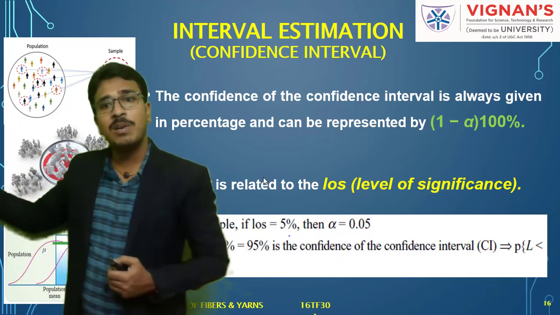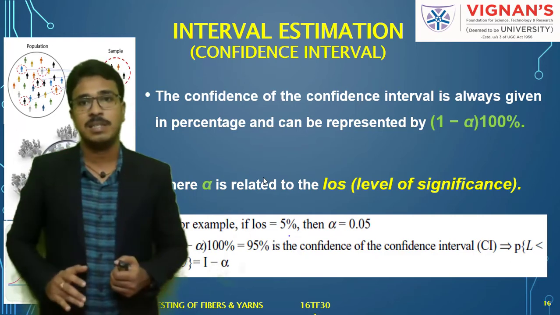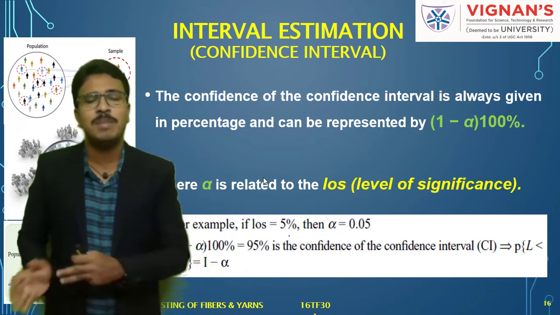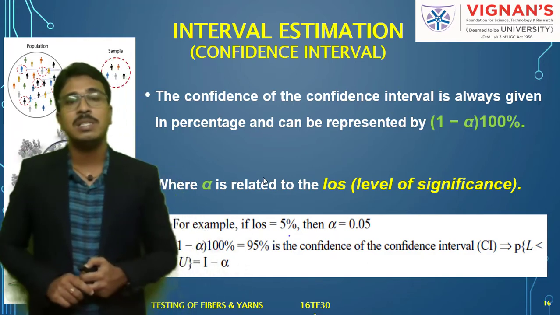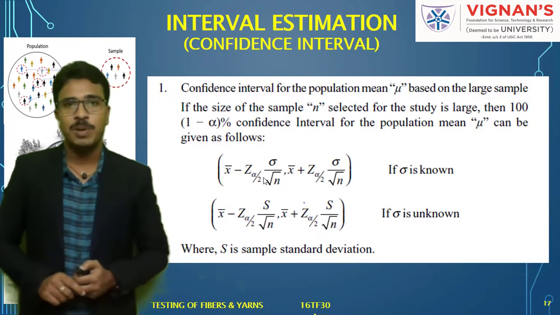Then what is the confidence of the confidence interval? That is 90%. That means 10% might not be covered. Understand? So this is what a confidence interval is. Hope you understand this.